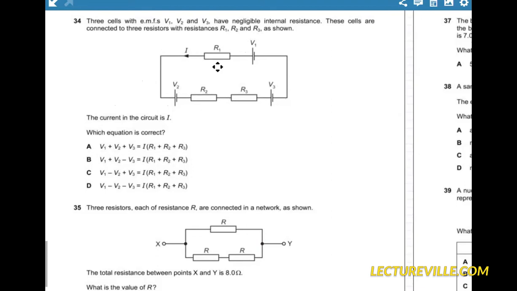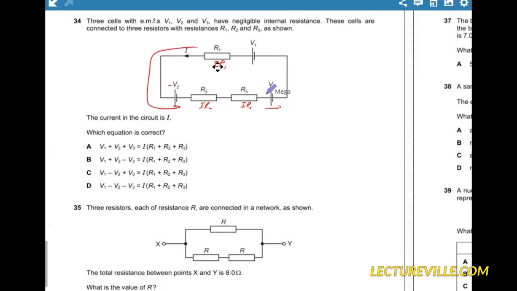Let's not do it in the air. I should write things up. So current is I. So over here the potential difference will be IR1, IR2, IR3. So if you are going this way, this will be minus V2.